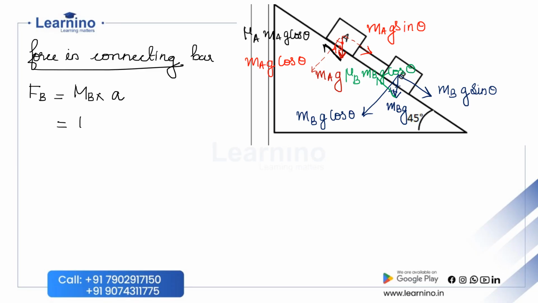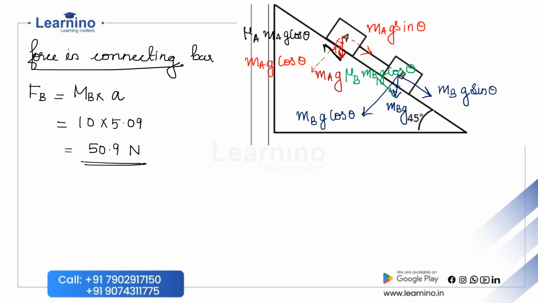Mass of member B is 10 kilogram, and the acceleration of the system we have found is 5.09 meter per second square. So the force in the member B, FB, is 50.9 Newton. This is the force in the member B.